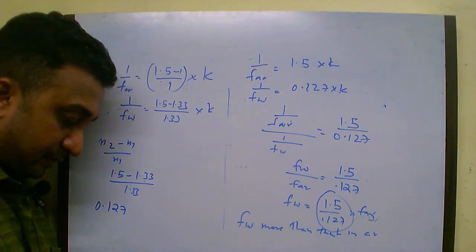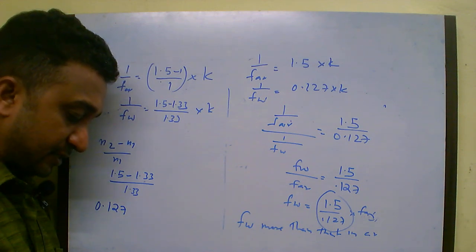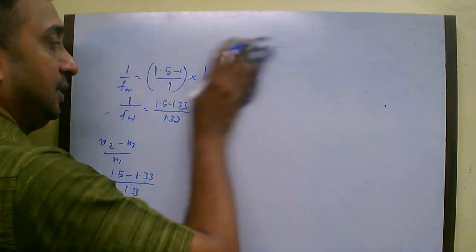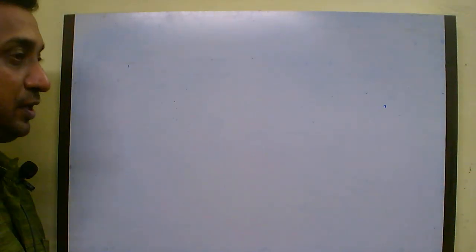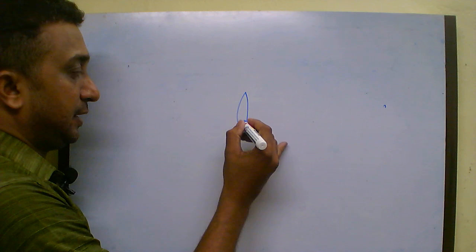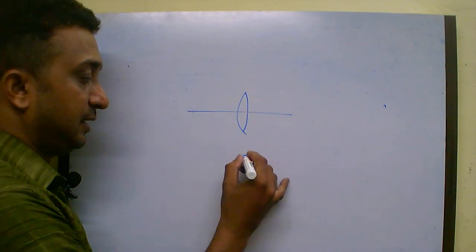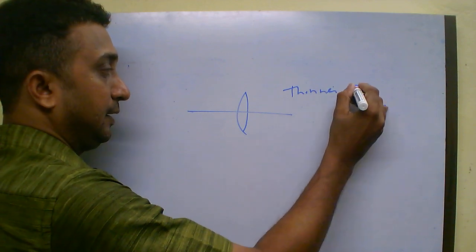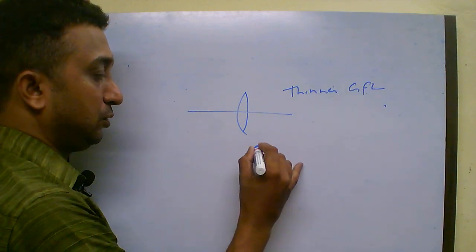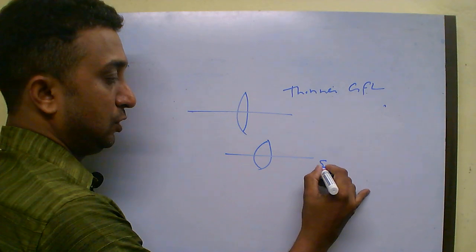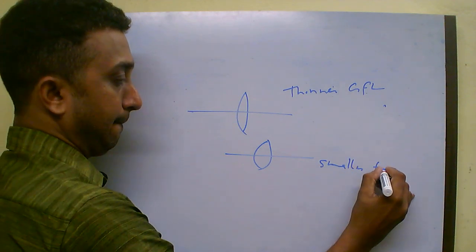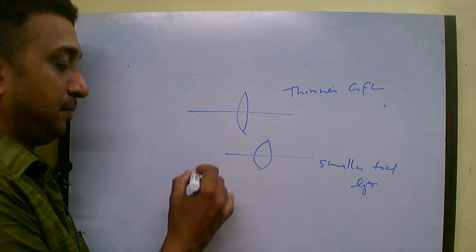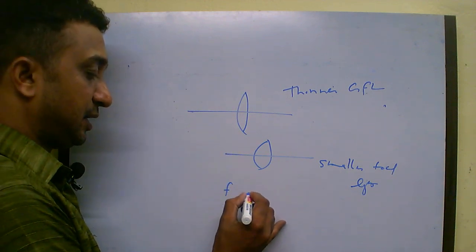Then, which lens, thick or thin, has the greater focal length? A thinner lens has a greater focal length compared to a thicker one, so a thicker one means smaller focal length. The same question can be asked for power, because focal length is inversely related to power.